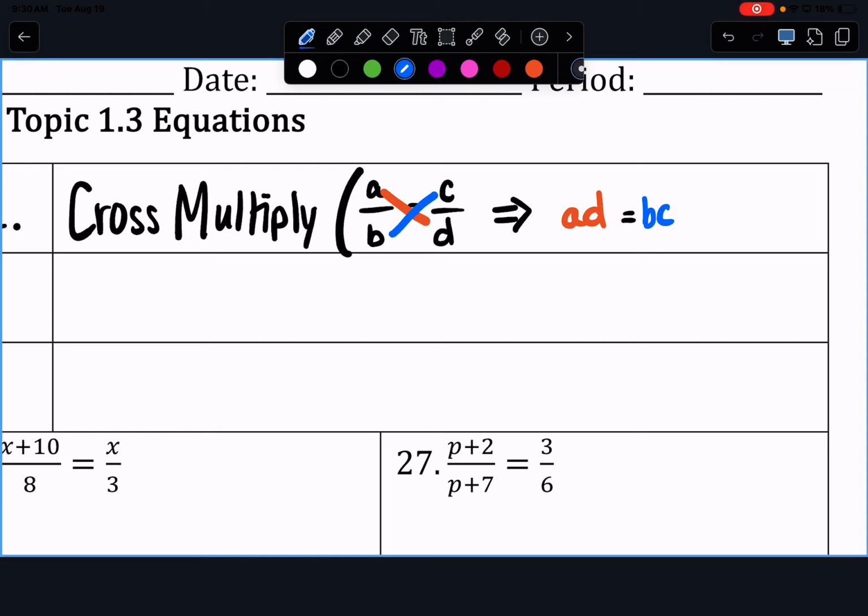We are just multiplying across the equals. The only time we cross multiply is if we have an equal sign in the middle. We can simplify across if there's not an equals, but if there is not an equals, we cannot do cross multiplication.